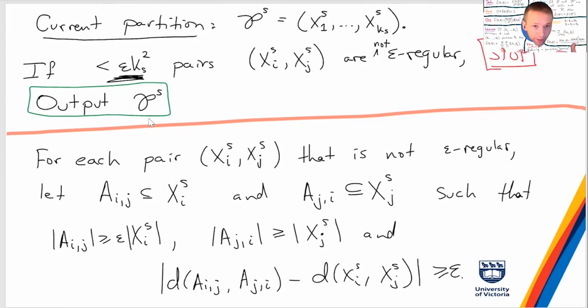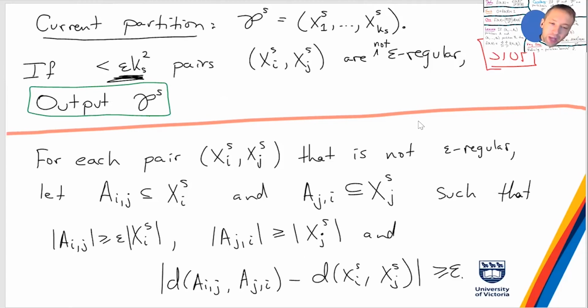And we just output P^s, and this is the partition which proves the theorem. This will be a good partition because fewer than epsilon k_s squared pairs of parts are not epsilon regular. So of course, we should assume that our life is not that good.